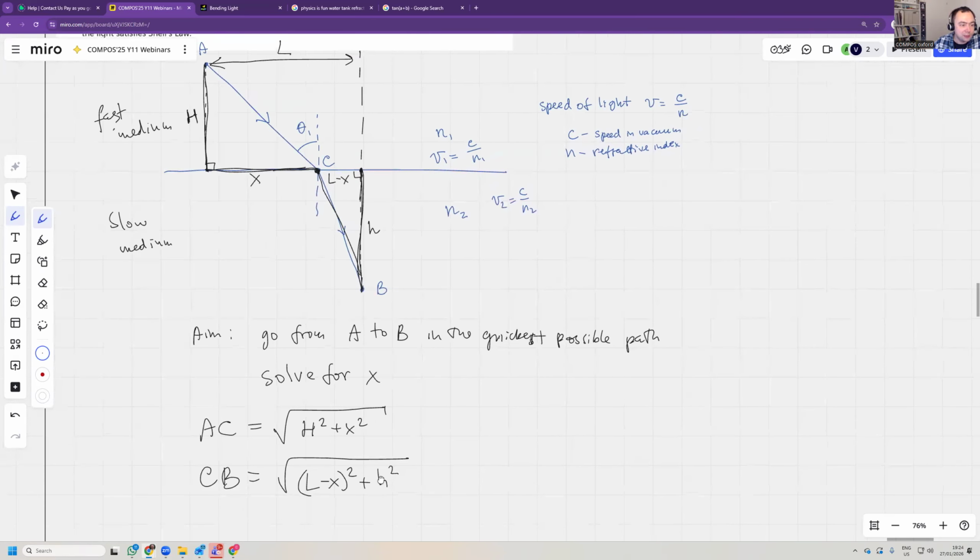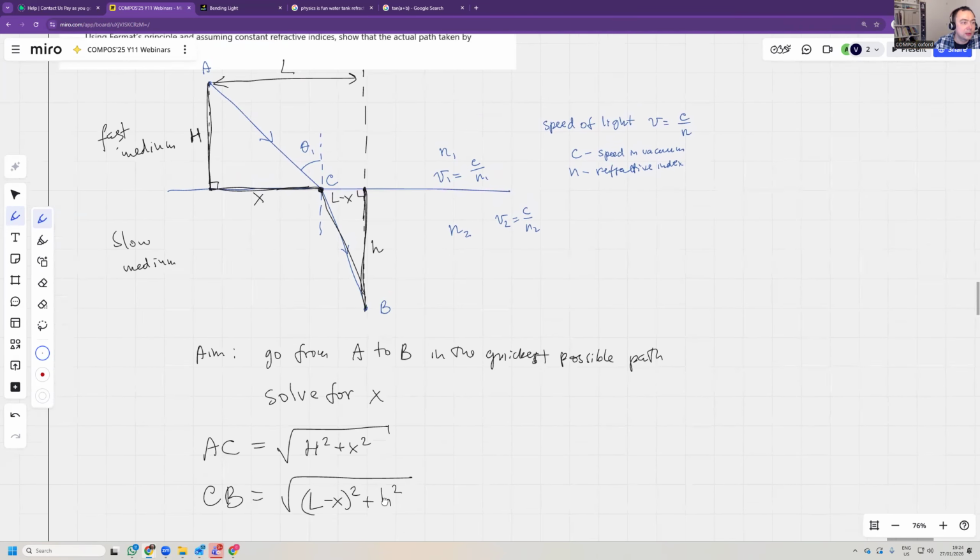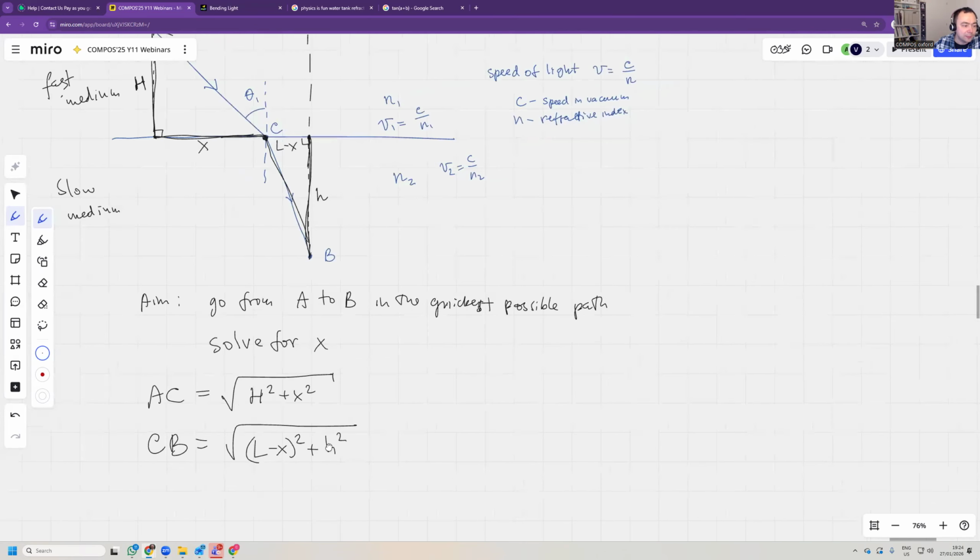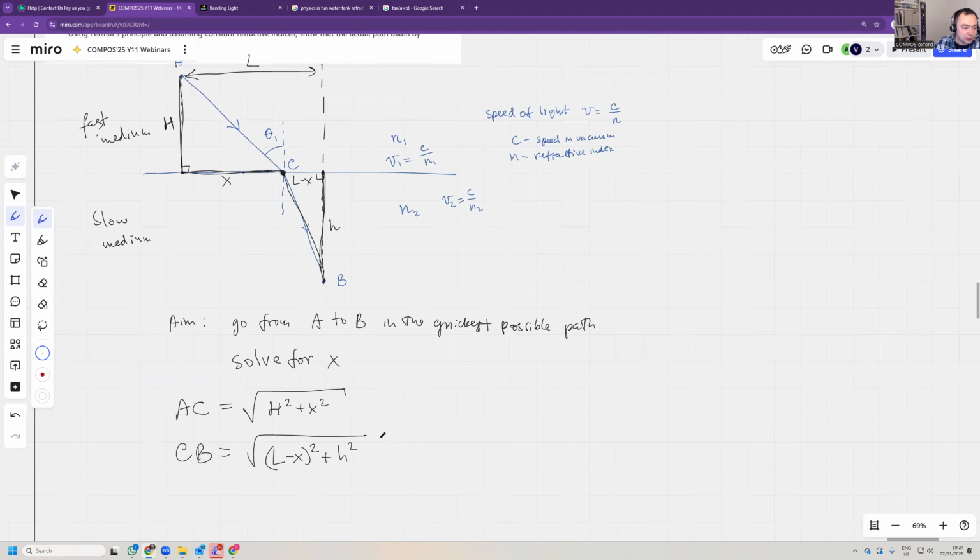And we want to minimize the time. The time to travel from A to C is AC divided by speed, so AC divided by v1.